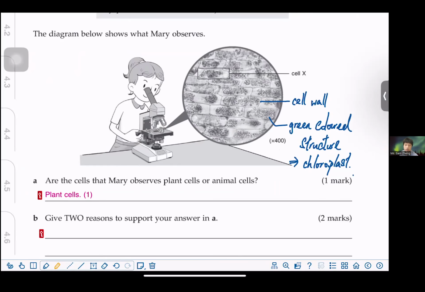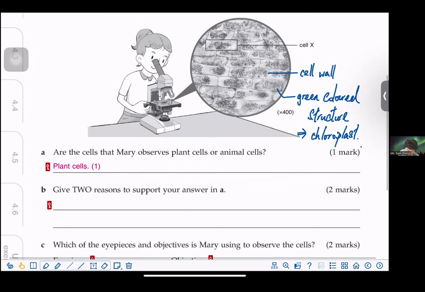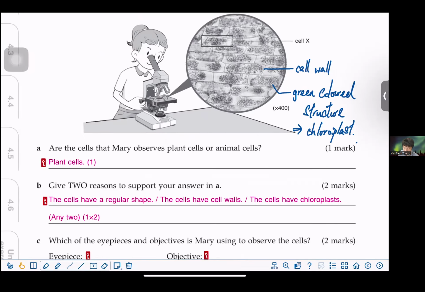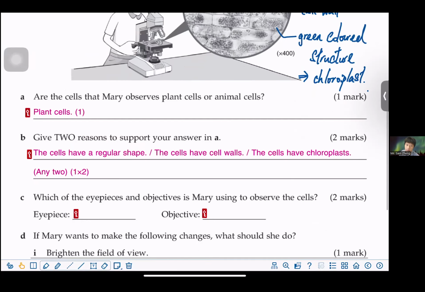So based on the photograph, why do we say it is a plant cell? This is because the cells contain a cell wall, the cells have chloroplasts, or the cells have a regular shape. Any two of them would be fine.